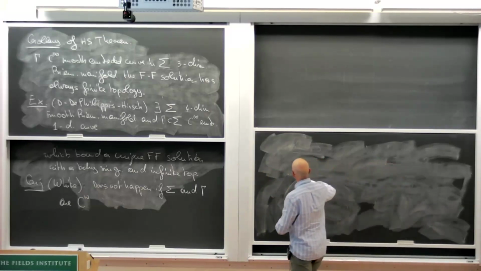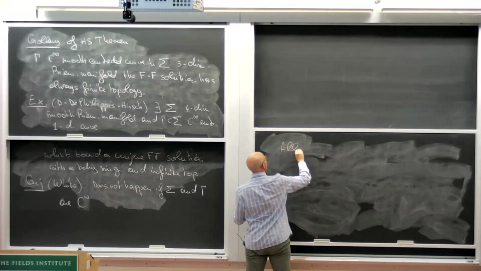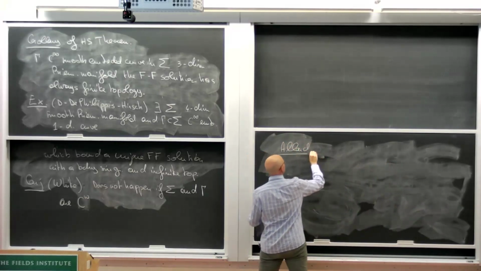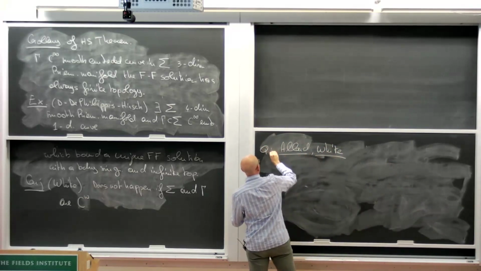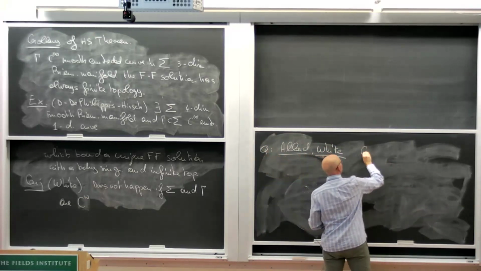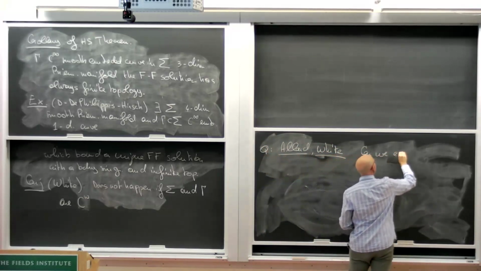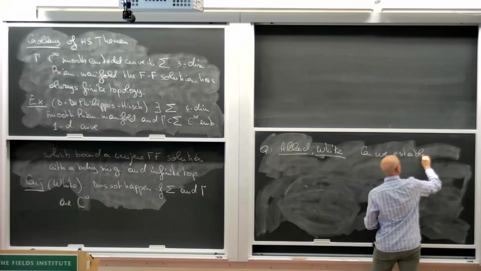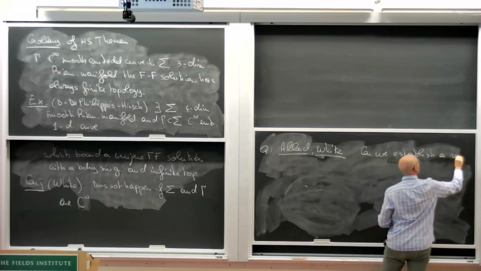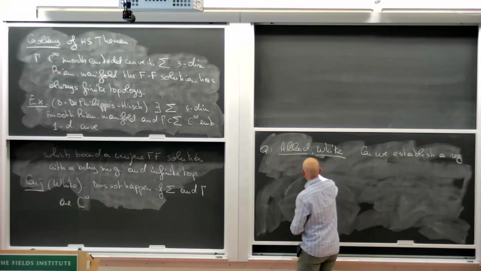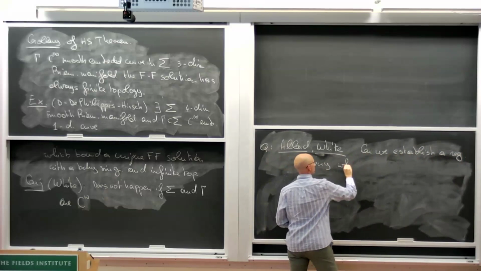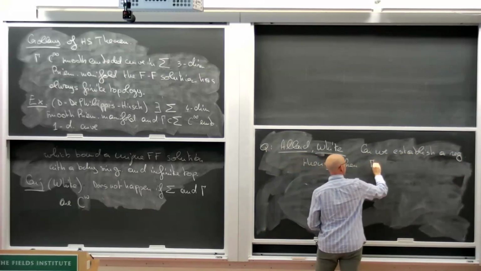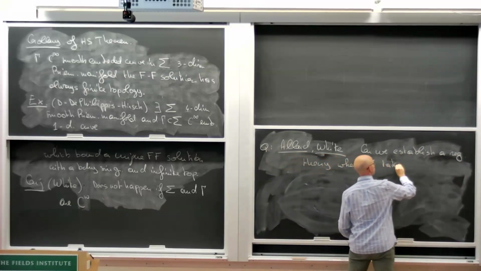This was asked by Allard and White in 2 different situations. And it is the following question. Can we establish a regularity theory when the boundary has higher multiplicity? When gamma takes higher multiplicity.